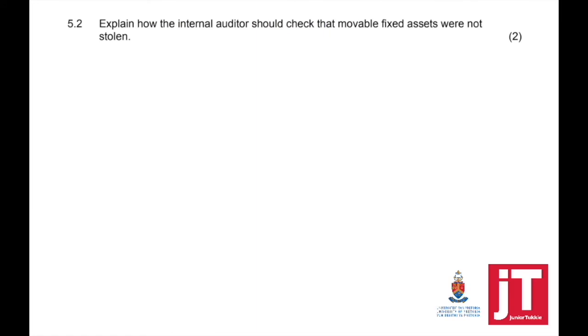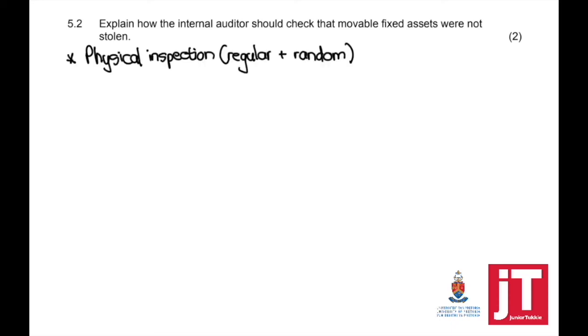Question number 2. Explain how the internal auditor should check that movable fixed assets were not stolen. So how can we check to see that there's nothing missing? Always do a physical inspection, the same as what we do with our trading stock.